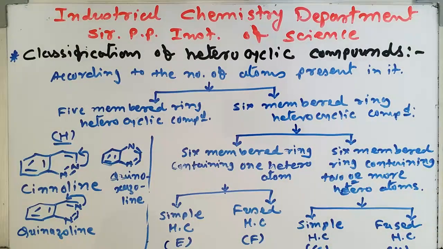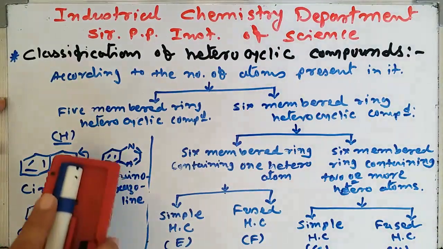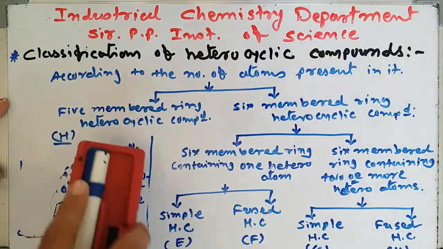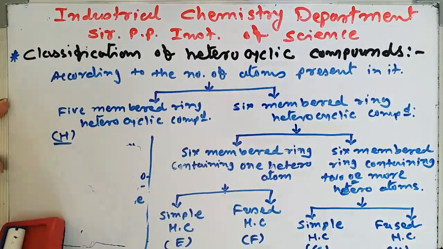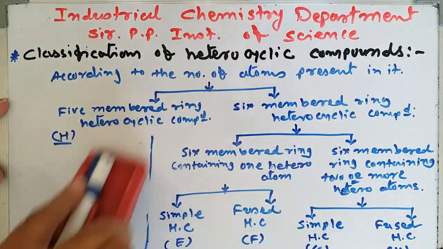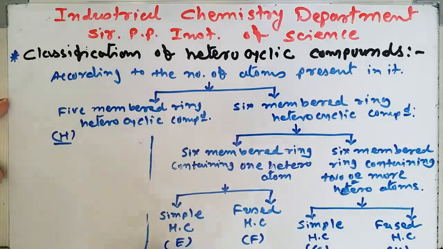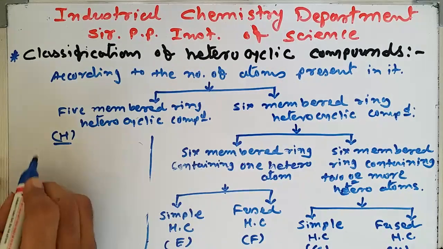We have two more examples for this, so I write the structures of the last two examples of this class H: fused six-member rings containing two or more heteroatoms.